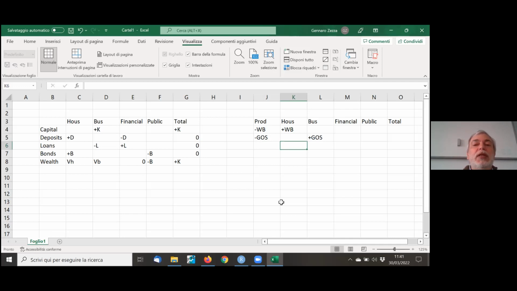So here we have the interest payments, and the households will gain from interest obtained on deposits, which are paid by the financial sector, and interest paid on loans, which are gained by the financial sector, and interest obtained on bonds, which are paid by the public sector.